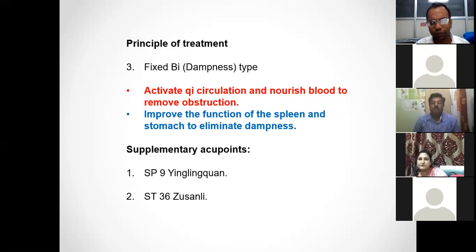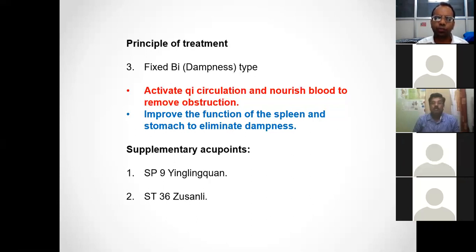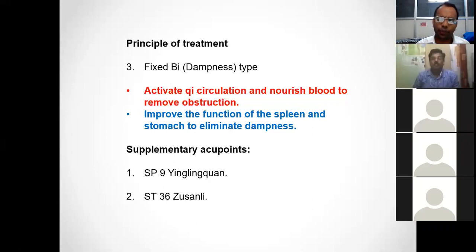Now comes a fixed pain. This is a Bi syndrome which creates pain. So what are the principal points that we will discuss; your work is to improve the same thing. Remove the obstruction and improve the function of the spleen. Here you need not select the kidney.